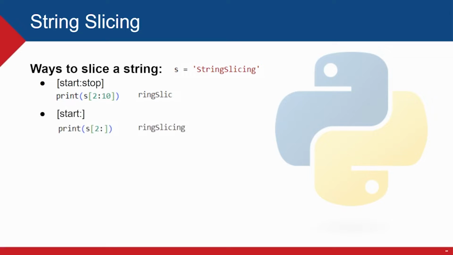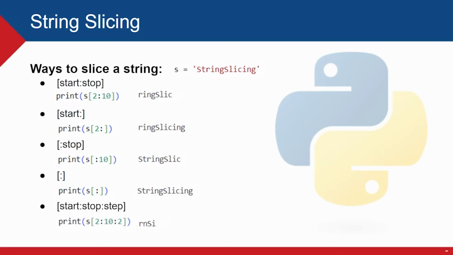The second one will get you a substring from the starting point to the end of a string. And this one has another argument, which is step. It is the step you take from indexes to take a substring.